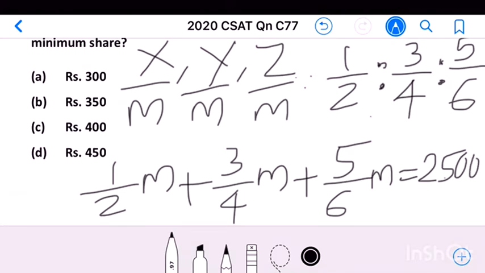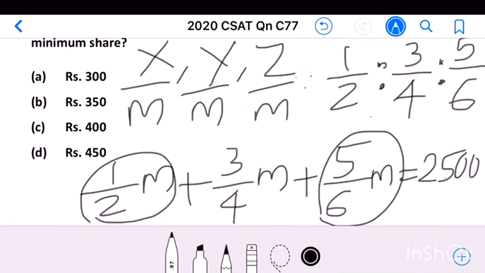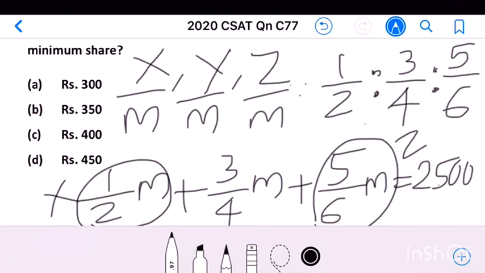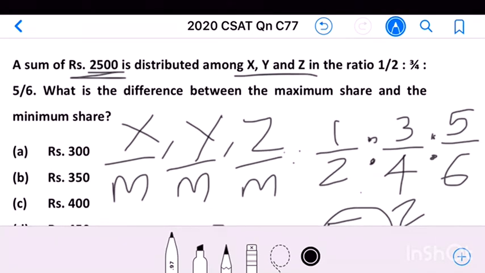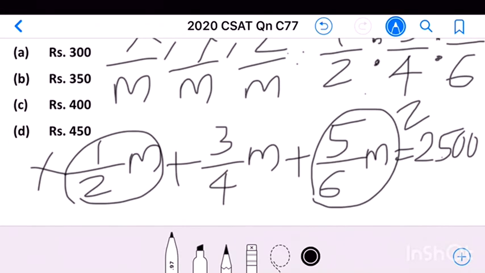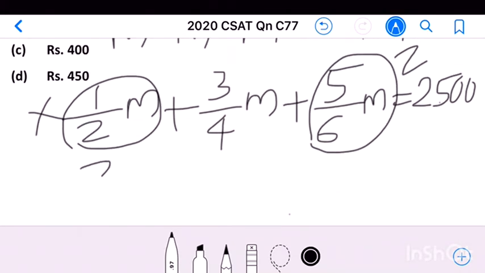Here we can see 1 by 2 equals 0.5, 3 by 4 equals 0.75 and 5 by 6 equals 0.833. So this is the maximum value and this is the minimum value, the share of z and the share of x. They ask the difference between the maximum share and the minimum share. So the maximum share is given to z and the minimum share is given to x. So we have to find this value.